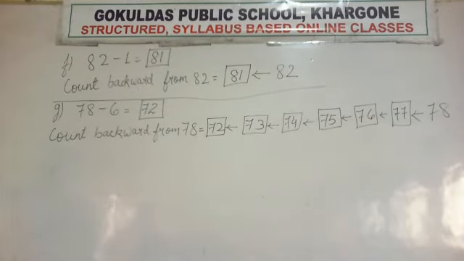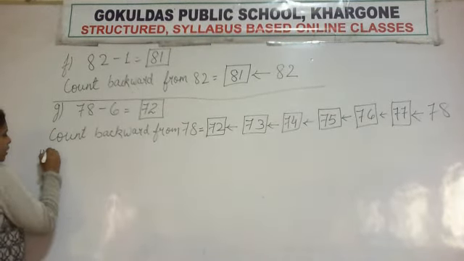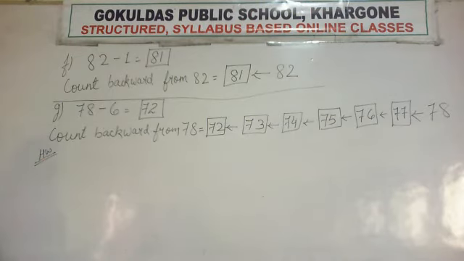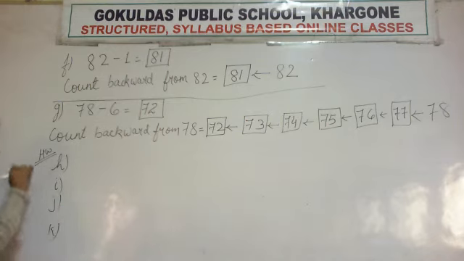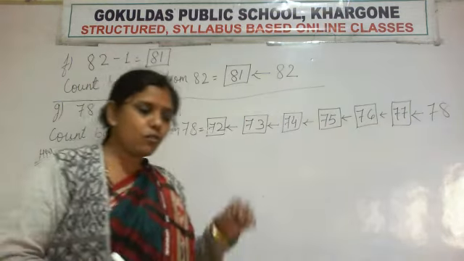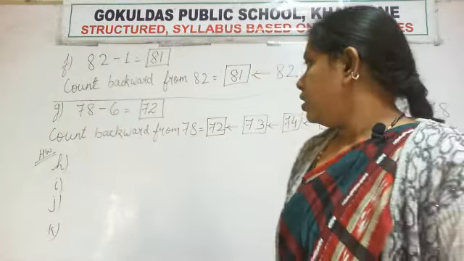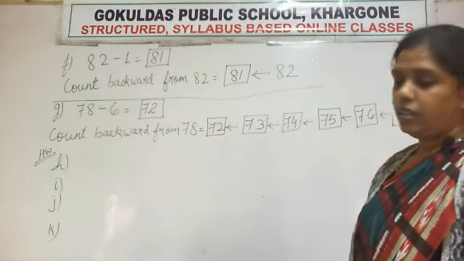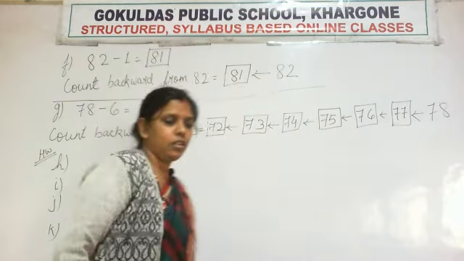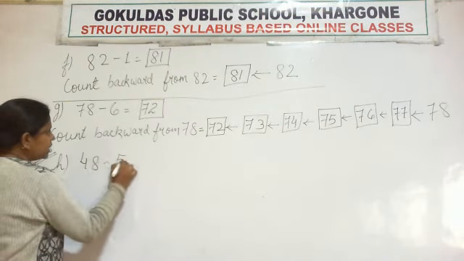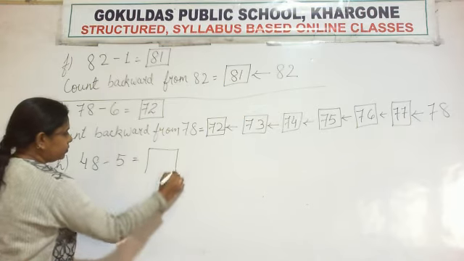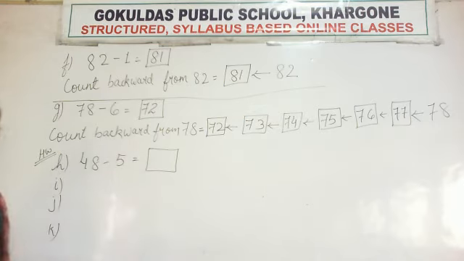Okay. Now write some homework questions. Just after G, write homework and H, I, J and K. 4 homework questions. So write the homework questions. 48 minus 5.